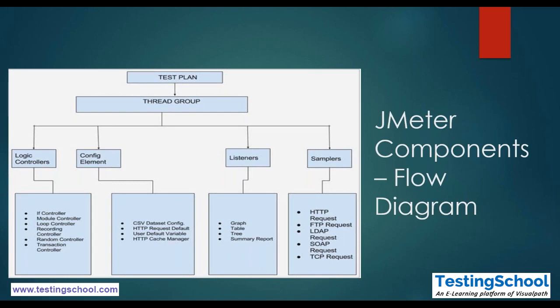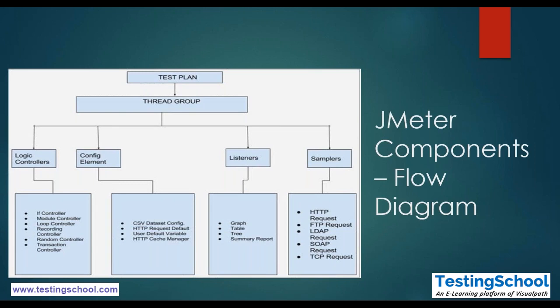After that we have FTP request, that is the file transfer protocol. Apart from this, we have TCP request, SOAP request, and REST request. We can use different kinds of samplers at different points of time depending upon our requirement.